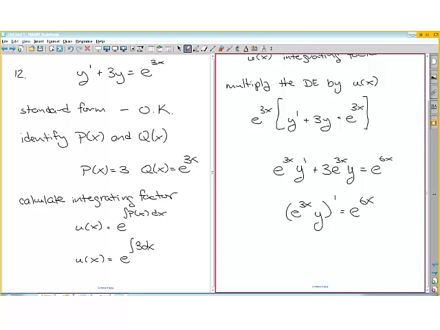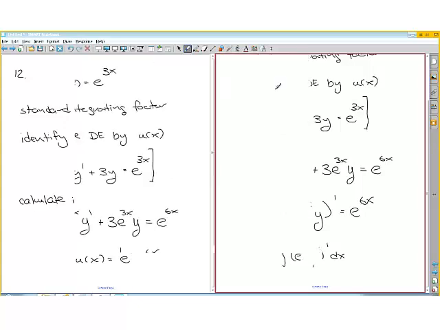So then we can integrate both sides. And this derivative is with respect to x. So we can basically take this, multiply by dx on both sides. Why is that the case?